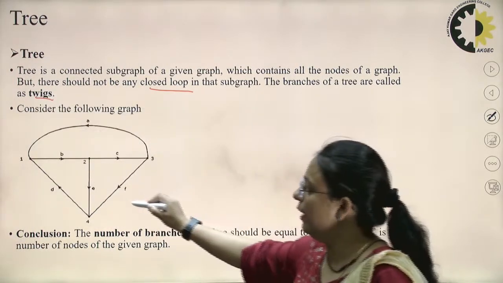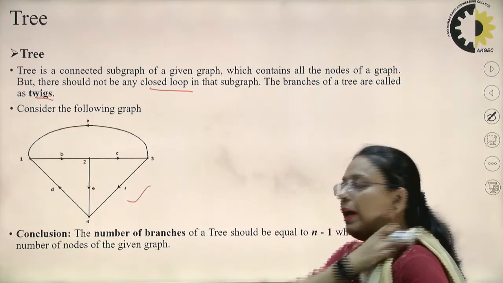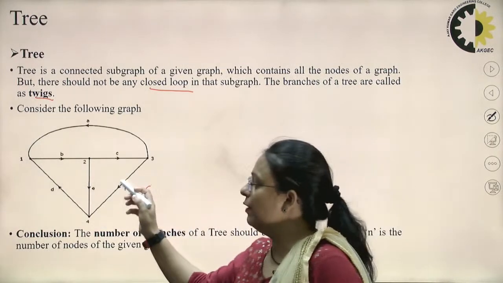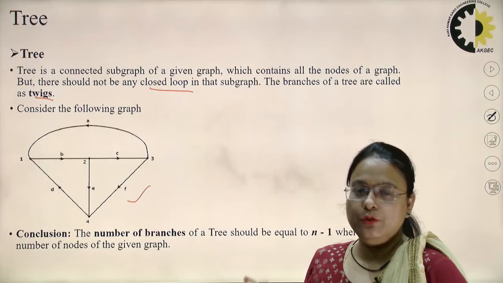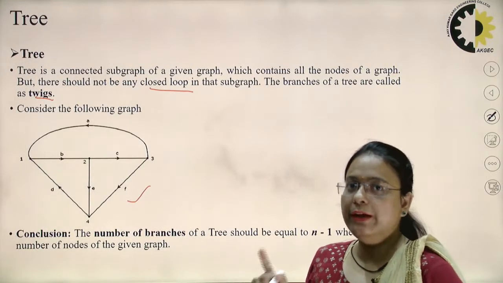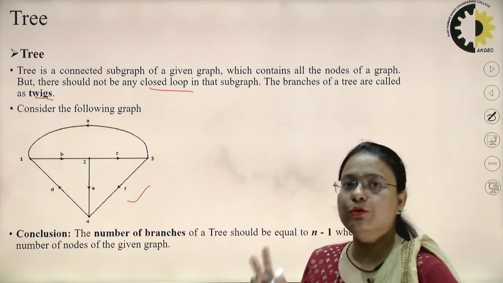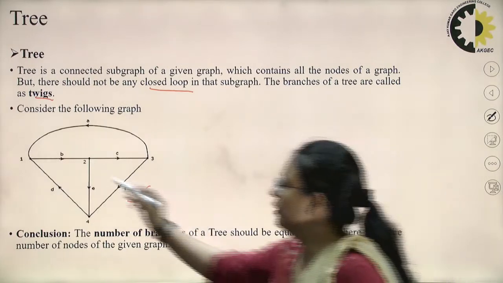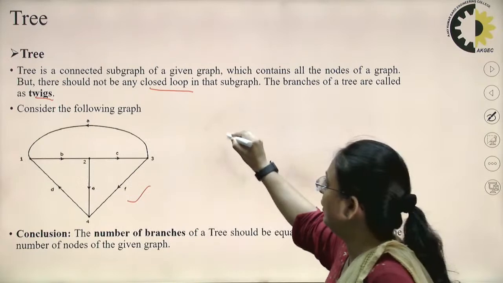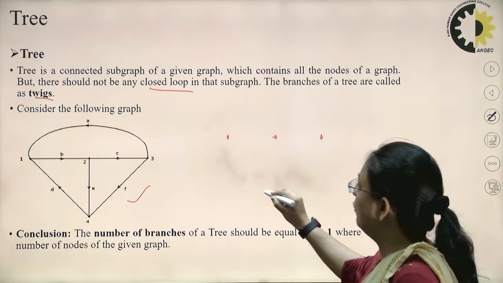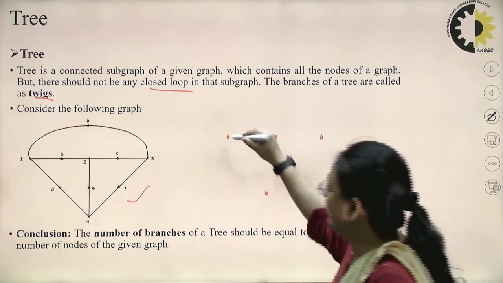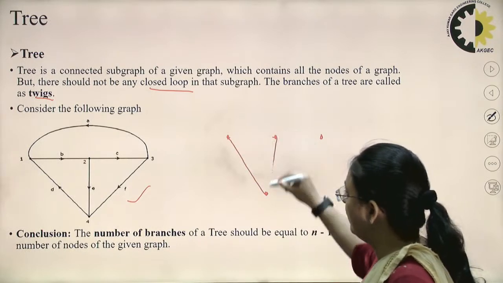You can see here I have taken this graph, and from this graph I can draw the tree. The first condition is that all the nodes will be included in a tree and there should not be any closed loop, right. There are 1, 2, 3 and 4 nodes. Now I can draw the tree from these nodes.